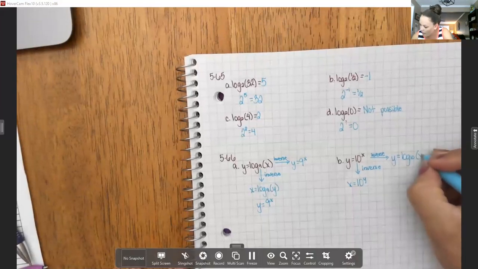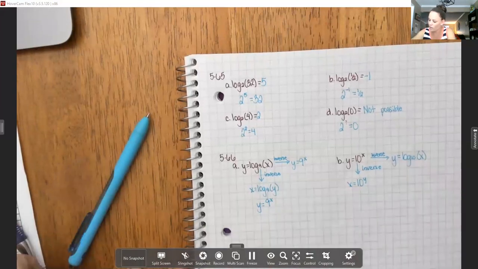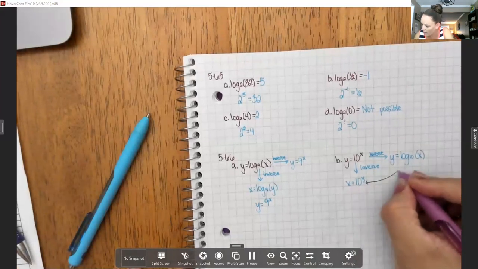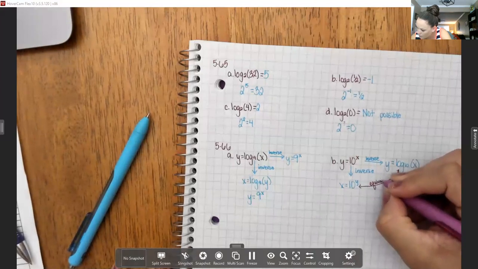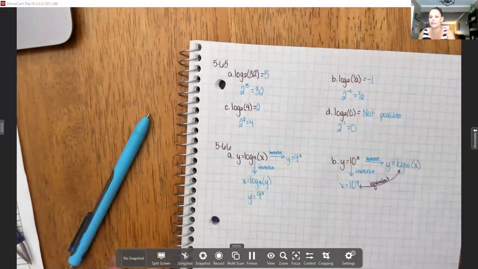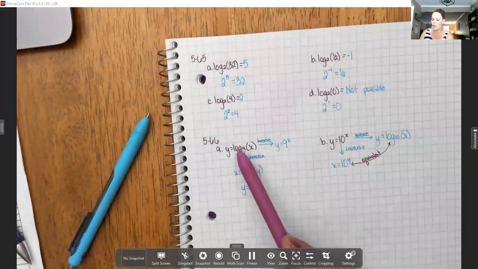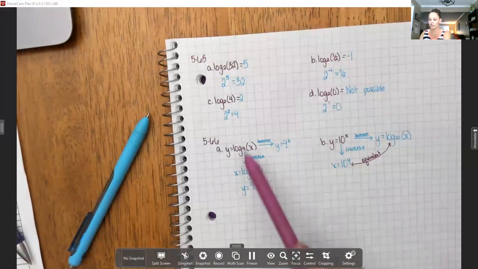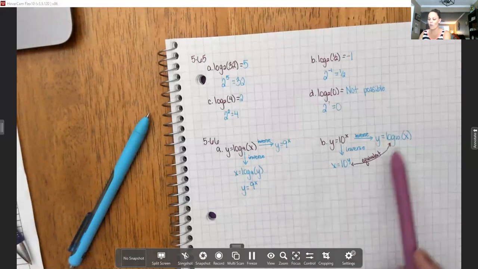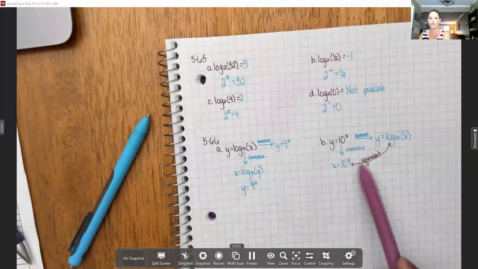And then of x. These right here are equivalent. It's just two different ways to write the inverse. So if you want to write the inverse of a log or an exponential, you just switch x and y. But if you need it in y equals form, then you have to convert the other way.